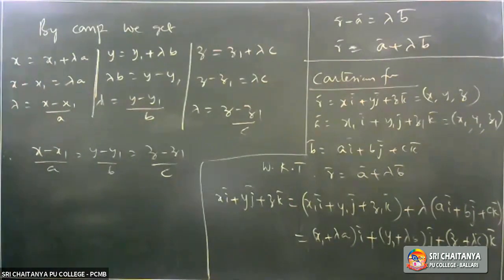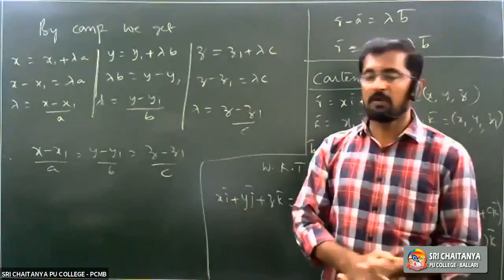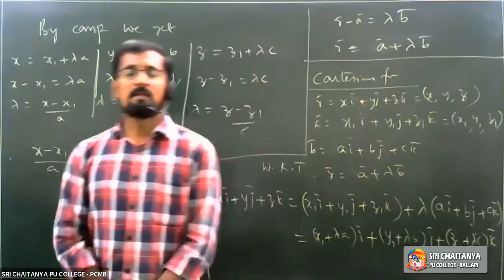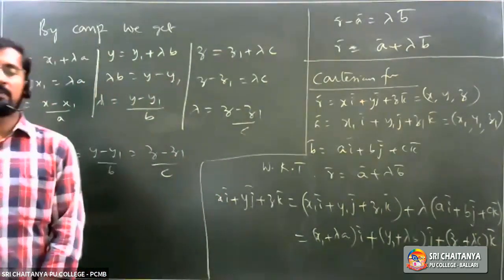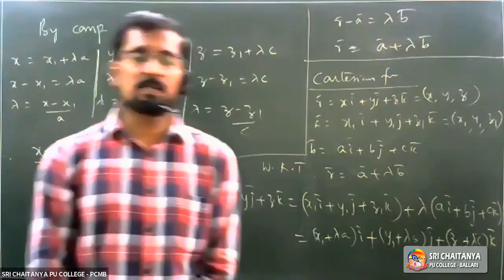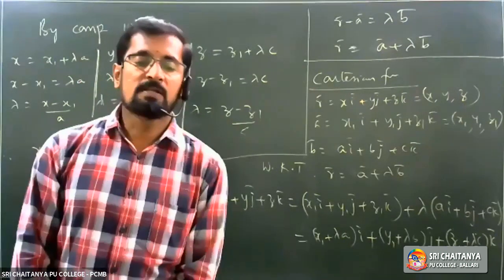So, copy this one. I am going to repeat this problem once again. Cartesian form. Before going to write that Cartesian form, you require the vector form completely. What is vector form? R bar is equals to A bar plus lambda B bar, right? Now, what is R bar? That is the position vector.